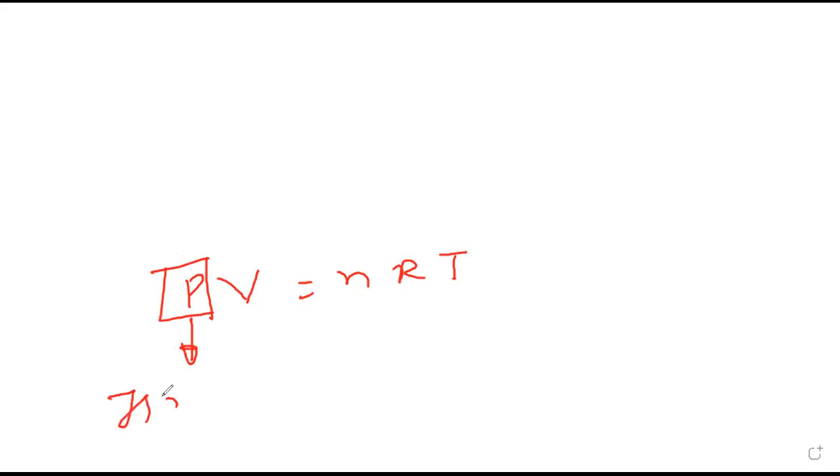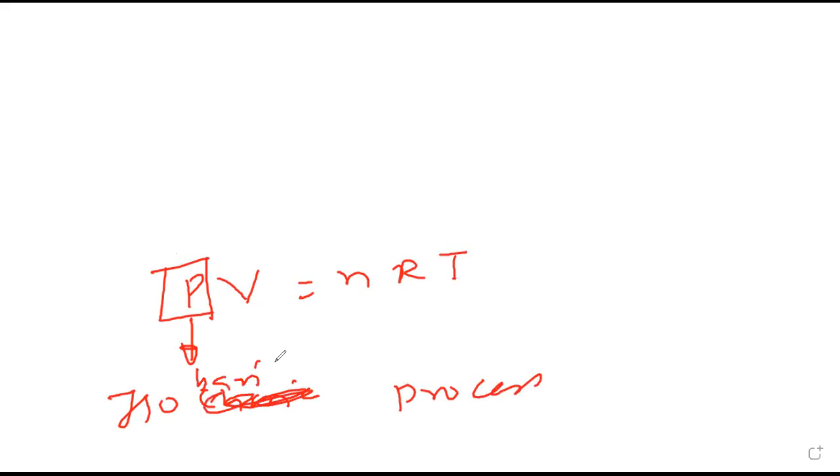In case of gas, there are always 4 variables. What is this P called? Pressure. If I keep pressure constant, then it is called an isobaric process.